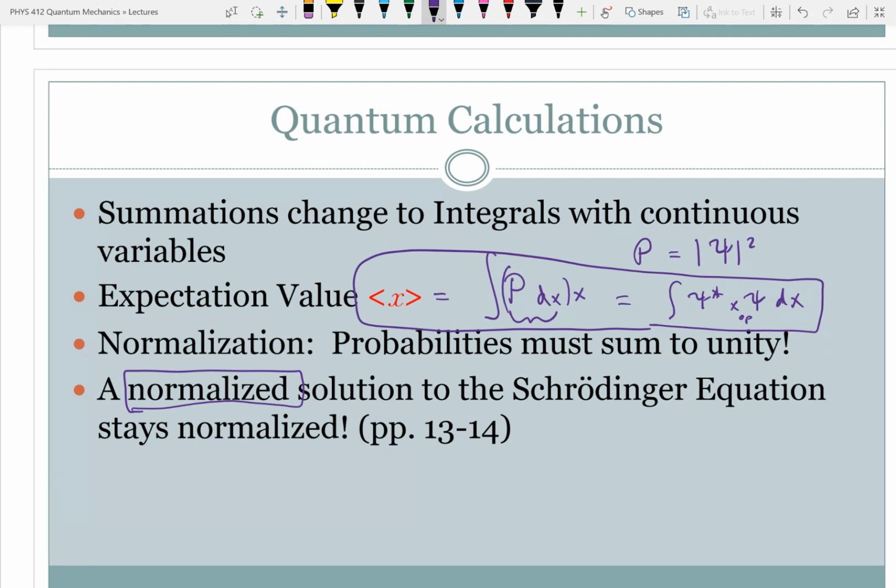And so that's what normalization means. Normalization means that we need to find our wave function so that the sum of probabilities over all space is 1. So what is the sum of probabilities over all space? That is the integral of psi mod squared dx over all space has to be 1.